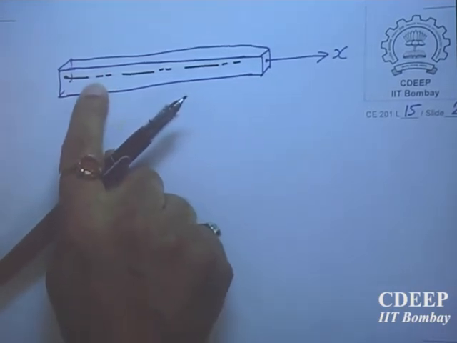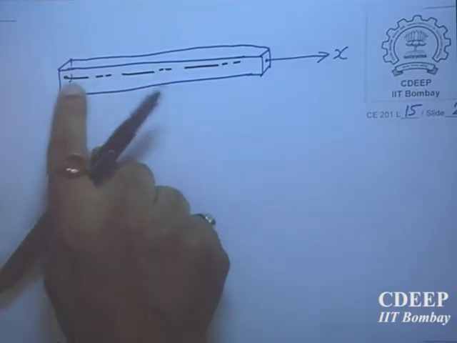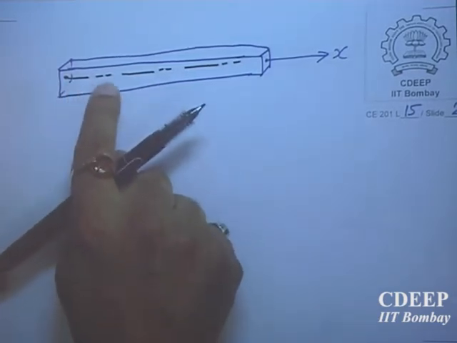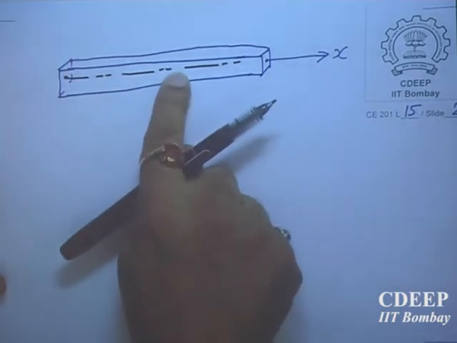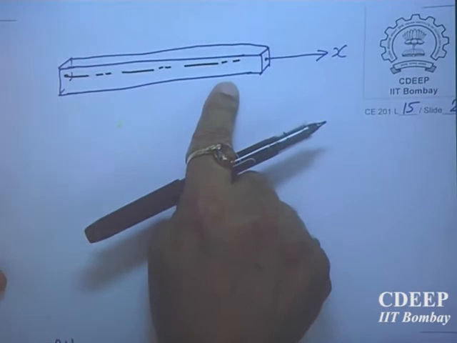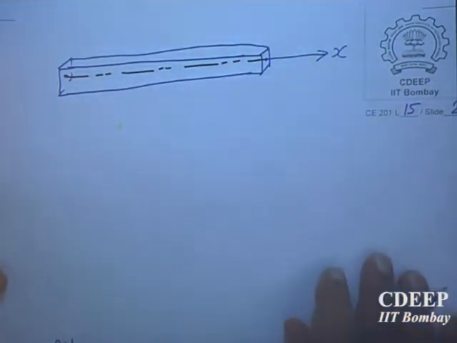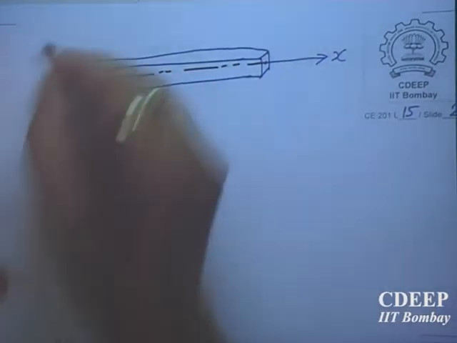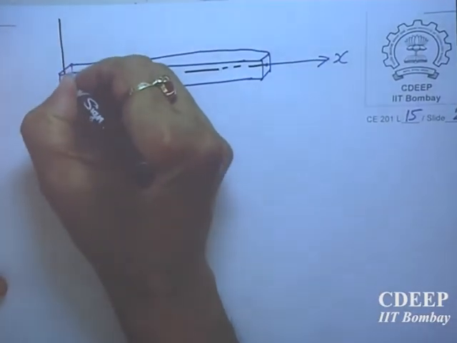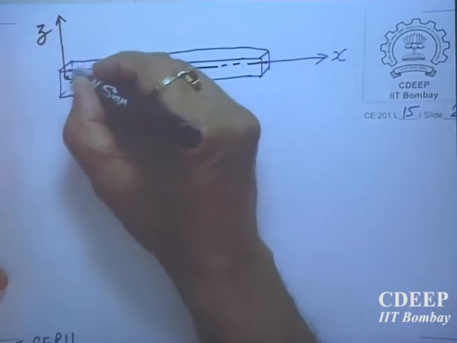If you want to show center line of any member, it is drawn by a solid plus two broken, again solid, then two broken, small. So that means it is center line. Okay, so this is x axis and this is z axis, and y is going here.